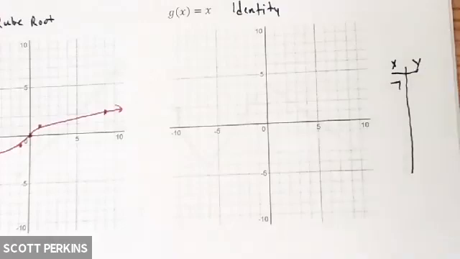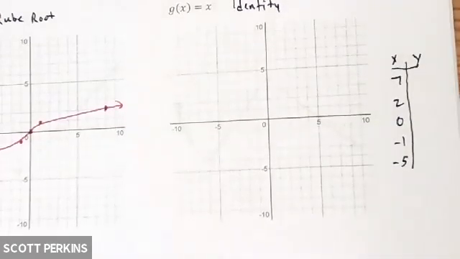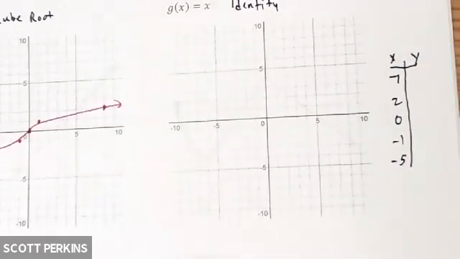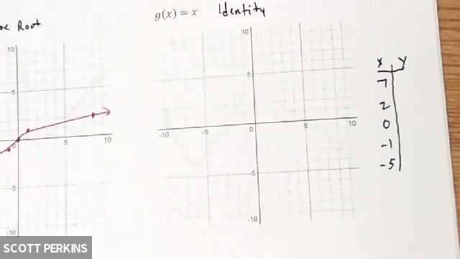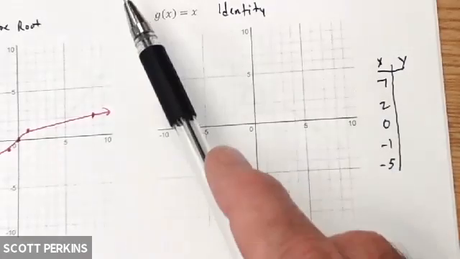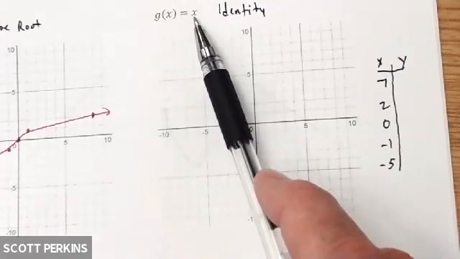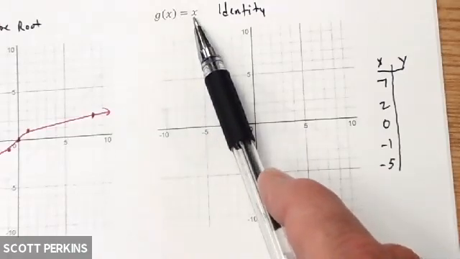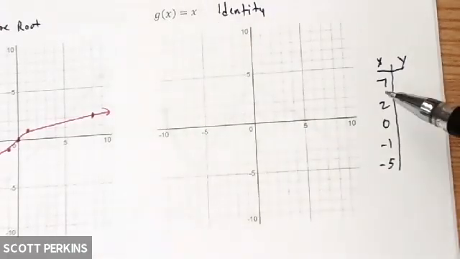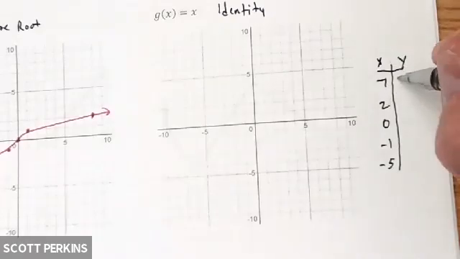So I'm going to plug in 7, 2, 0, -1, -5, just for some different values that we haven't used before. So looking at my function up here just says, okay, whatever the x value is that I plug in, that's going to be the value that I get out. Okay, so that's what this notation is telling me. So when I plug in 7, I get 7.